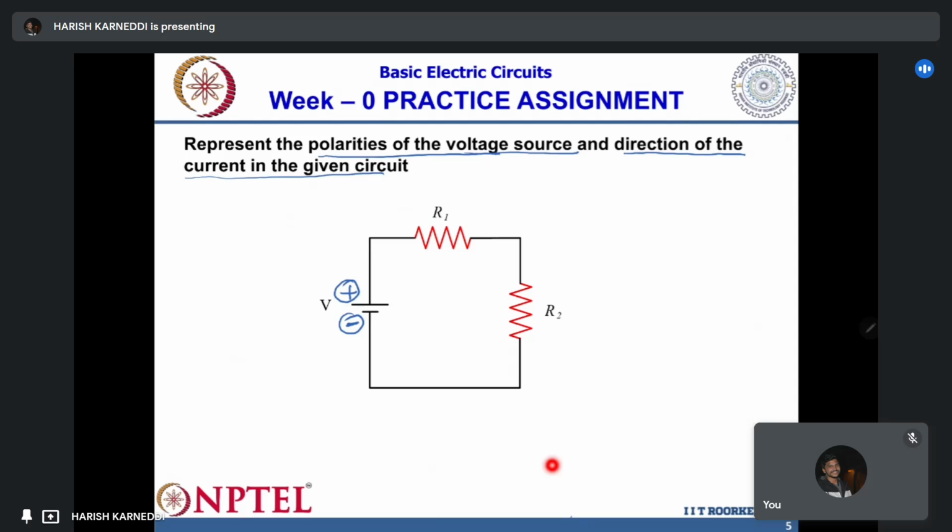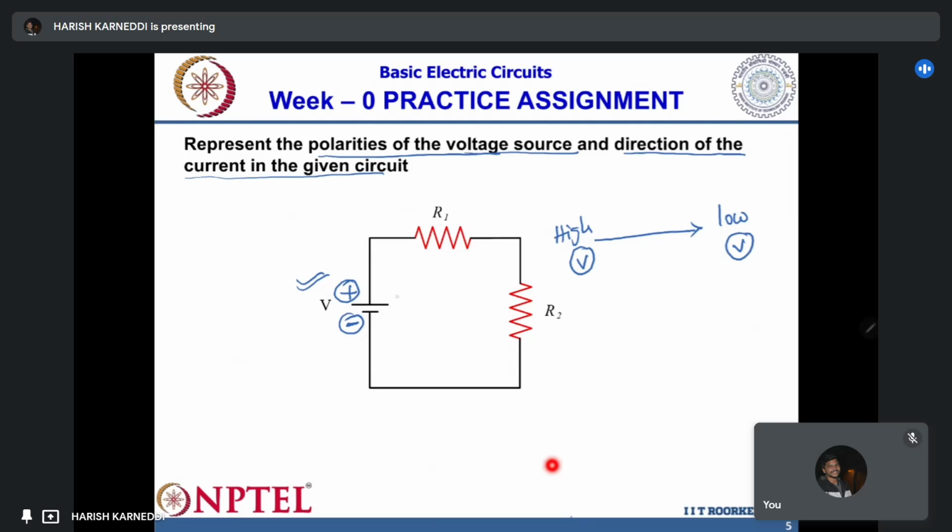And what about the direction of the current? How will we decide the direction of the current? The current always flows from higher potential to lower potential. Among these, the positive is the higher potential and the negative is the lower potential.